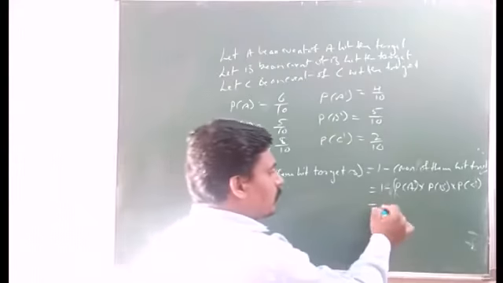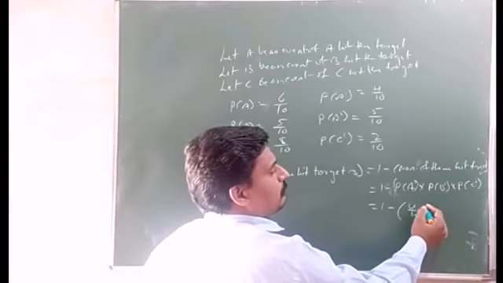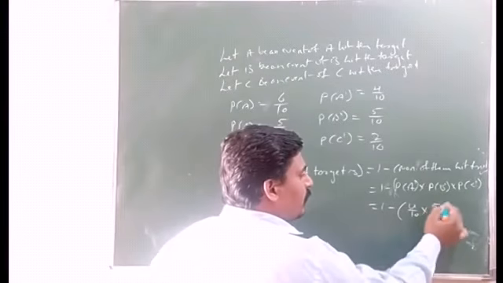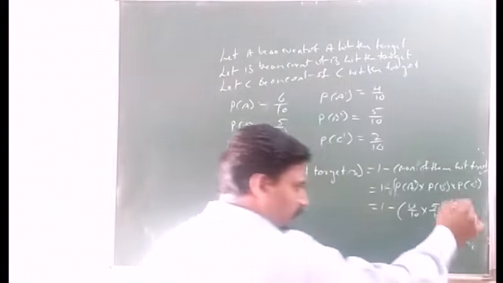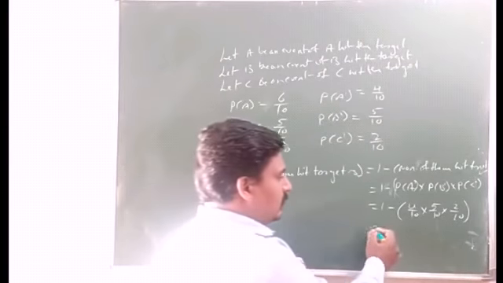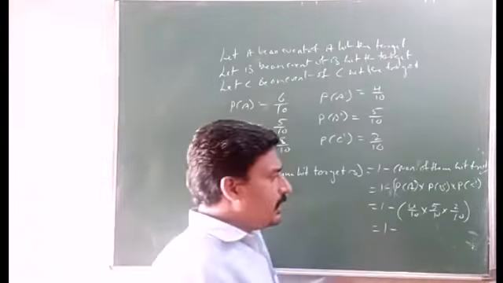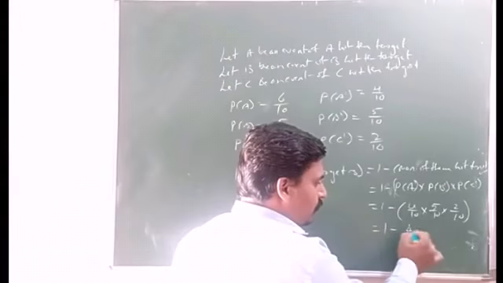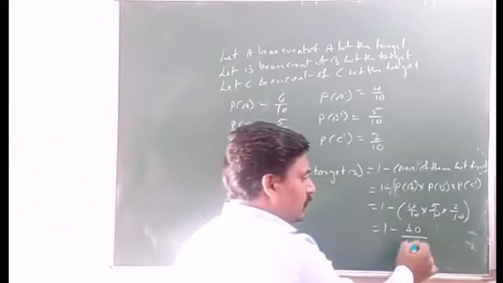So 1 minus P of A dash is 4 by 10 into 5 by 10 into 2 by 10. So that is 1 minus 4 into 5, 20, 20 into 2, 40, divided by 10 into 10, 100, 100 into 10, 1000.